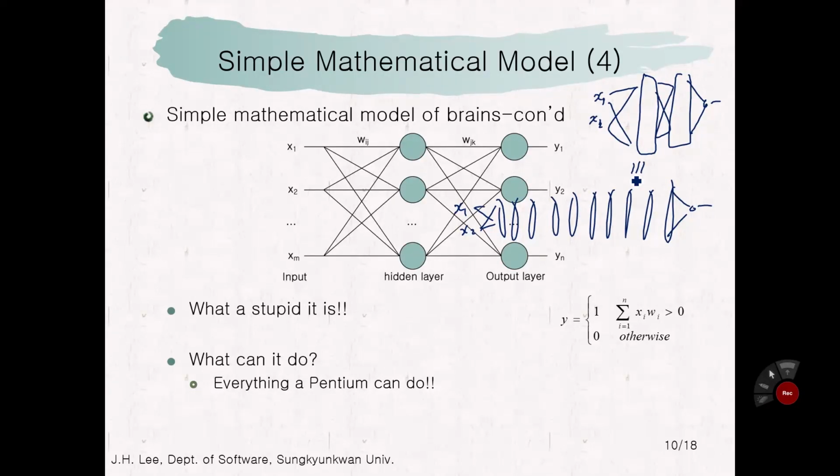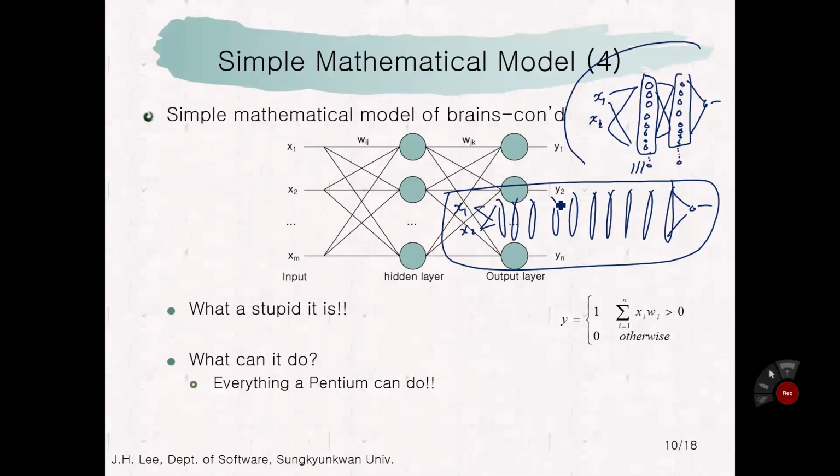It's possible. Yes, they are equivalent. But there are some conditions. If you put down a lot of nodes here, how many depends on the situation, then this is a deep neural network, and this is a shallow neural network.